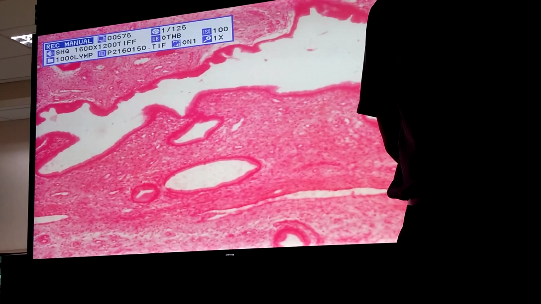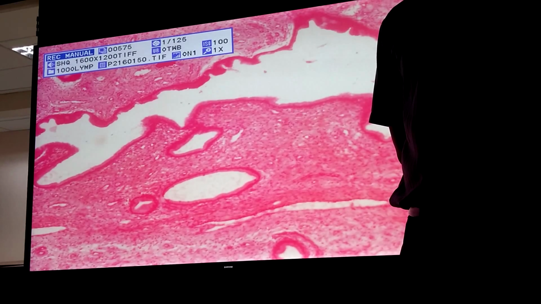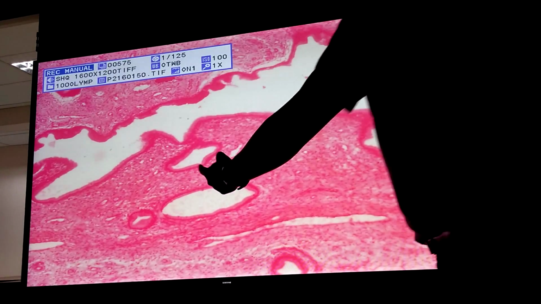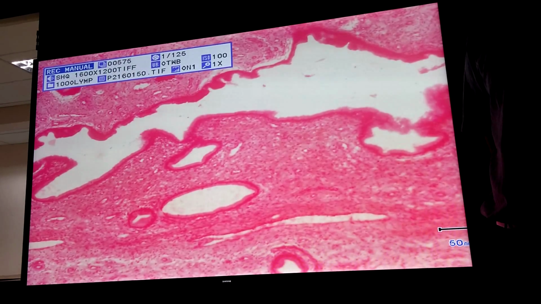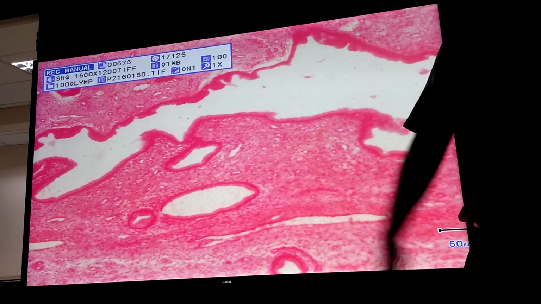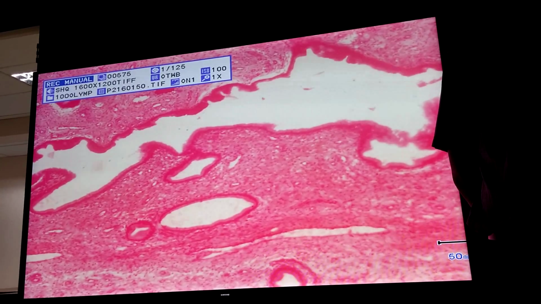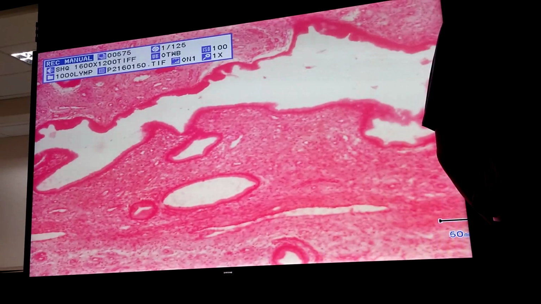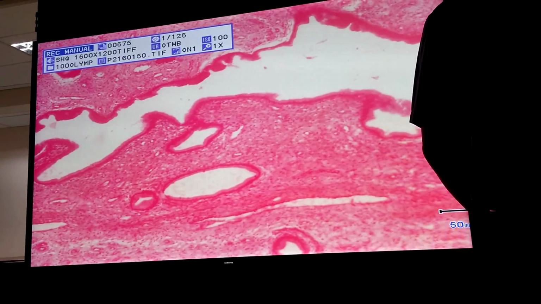Mas thin siya kumpara sa other days of the menstrual cycle na kung saan mas sticky ang mucus. That is so in order to allow easy penetration of the sperm cell. Para madali lang makapasok ang sperm cells to the endocervical canal.